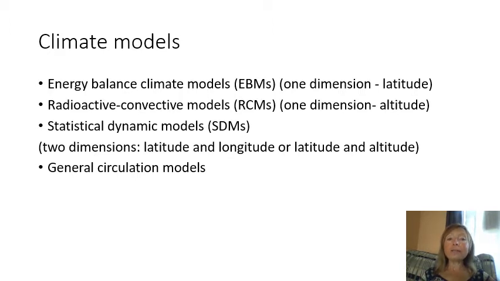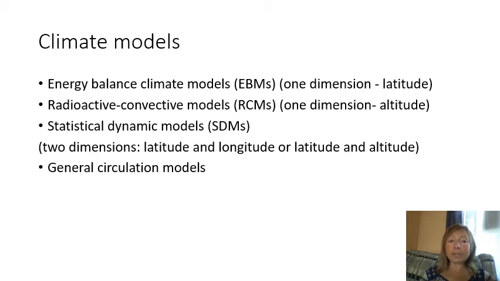The radiative convective models, or RCMs, are another example of one-dimensional models. They explore convective processes in the atmosphere or upwelling processes in the ocean as one dimension, which is related to the altitude in the atmosphere or the depth in the ocean.